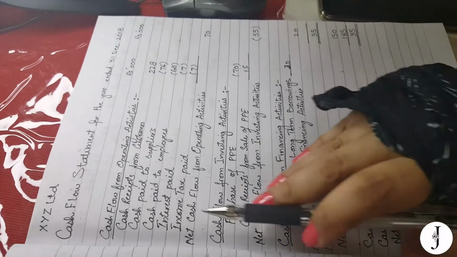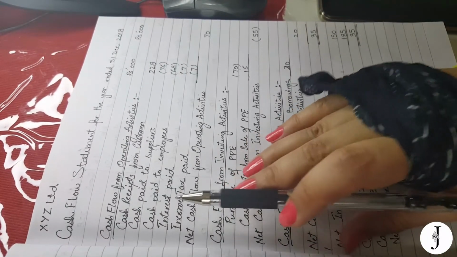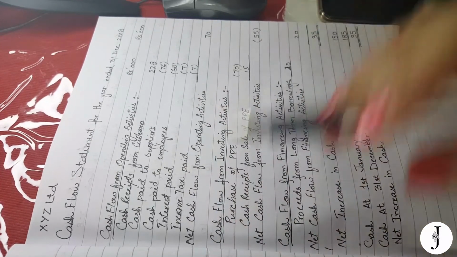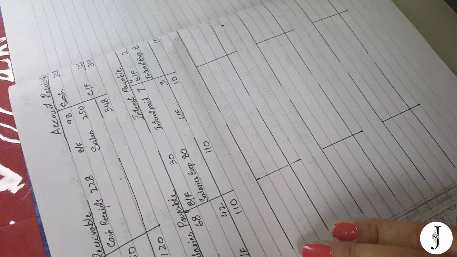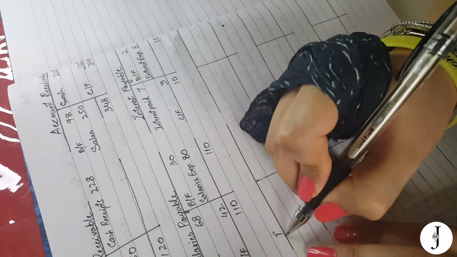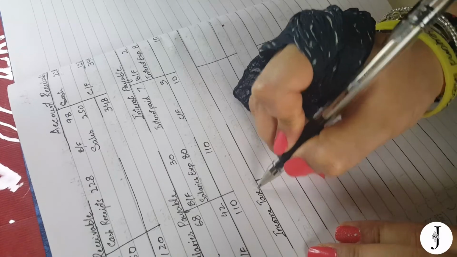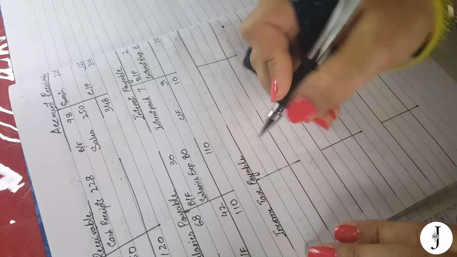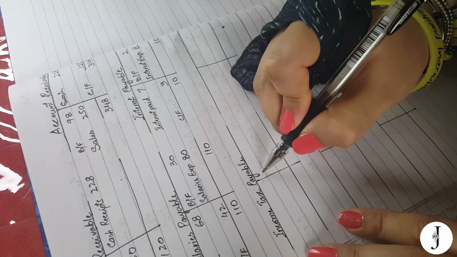So now we will calculate the income tax paid. For this, the process is also the same as we calculated the interest paid and cash paid to employees. We will make an income tax payable account. So here we will write income tax payable. This is also a liability, so the opening balance will come on the credit side.